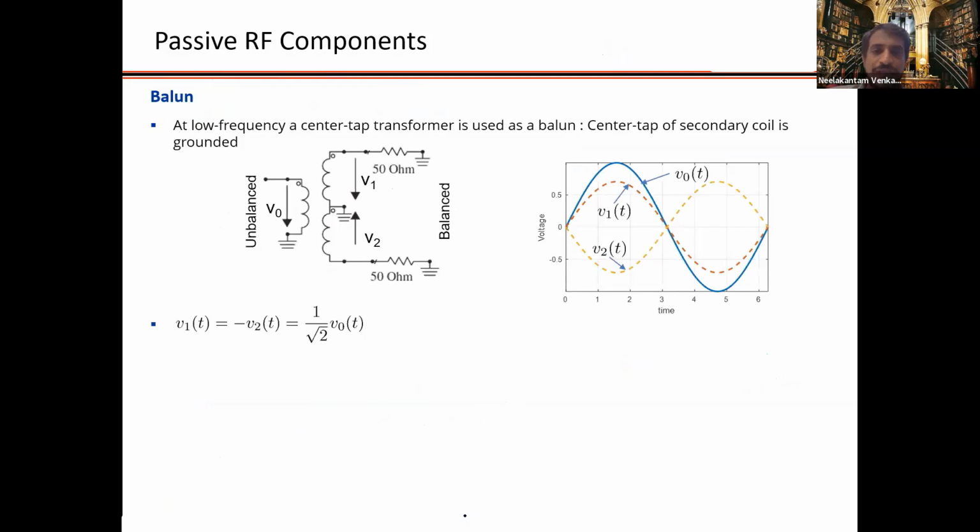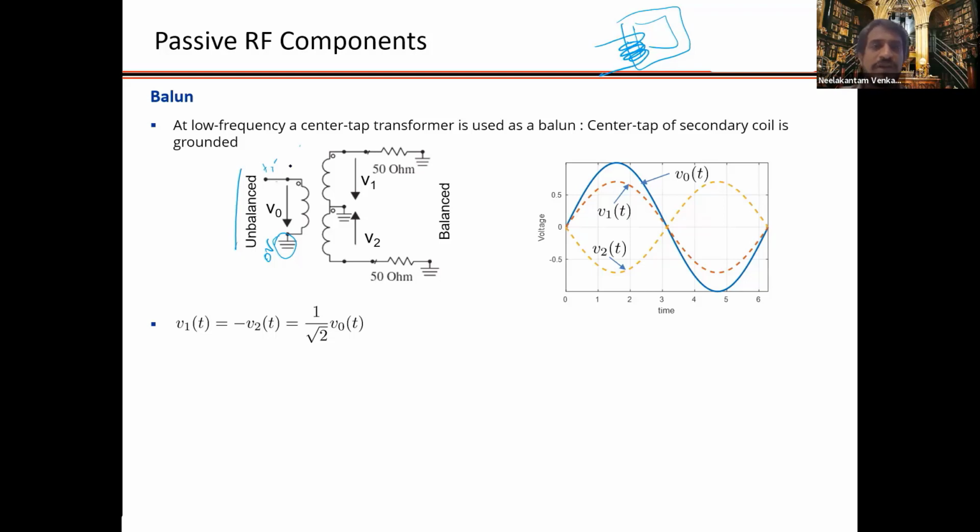How does it work? A simple illustration over here for you to see. When I have unbalanced, it is always either plus or minus with respect to a ground which is at 0 volts. It can be represented by this transformer here, which is a center tap transformer. That means you have a transformer with a primary winding here.